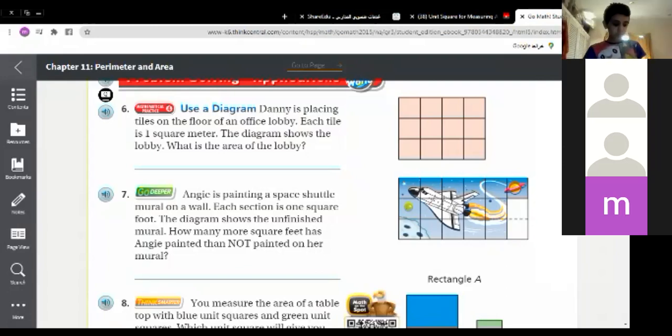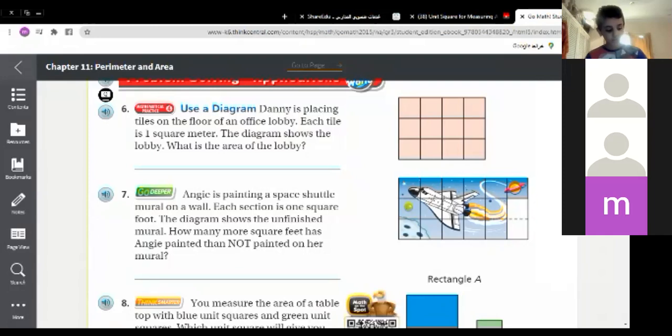Danny is placing tiles on the floor of an office lobby. Each tile is 1 square meter. The diagram shows the lobby. What is the area of the lobby?